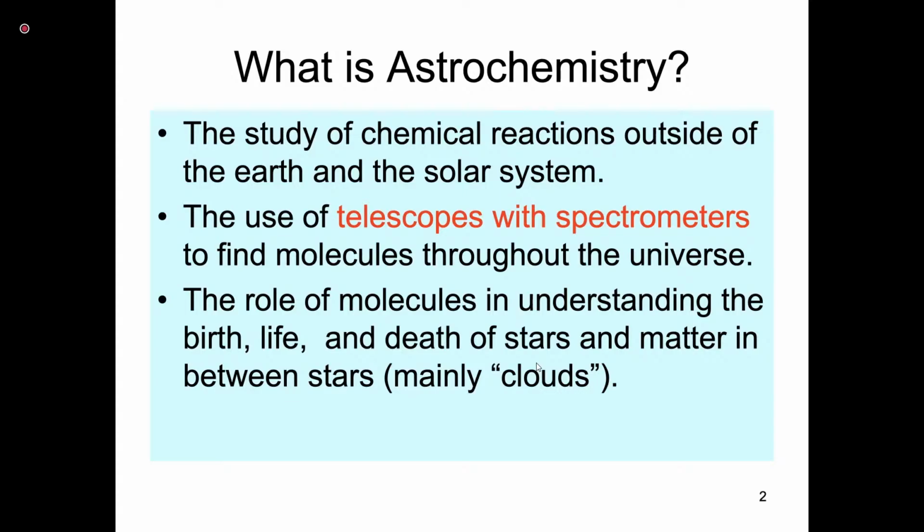Telescopes are used to get enough light from space so we can see something. Spectrometers, depending on whether they work in the radio or in the visible, separate the light or the radio waves into different frequencies. And the frequencies are what tell us what molecules are emitting or absorbing radiation from space. So we can find molecules throughout the universe.